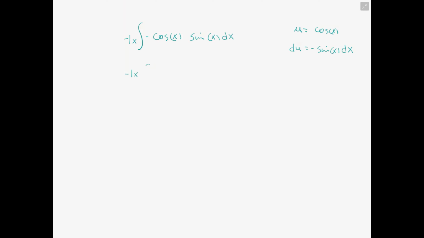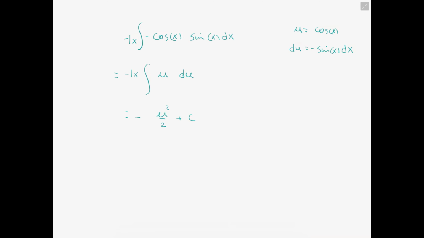And so we have negative 1 times u du. And now we use our formula. We get negative u squared over 2 plus c.